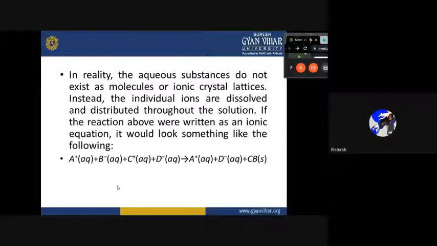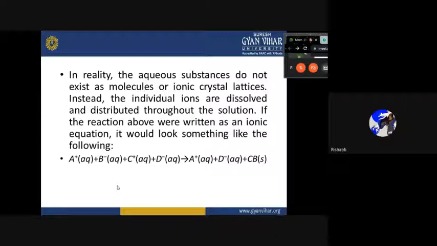But when they are reacting, A and D are forming a new compound, AD. This is still in the dissolved state, so it is denoted with the aqueous sign.